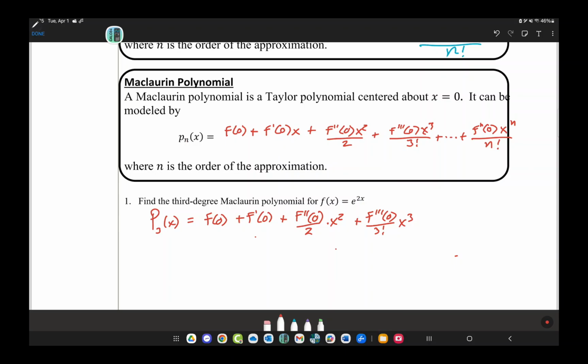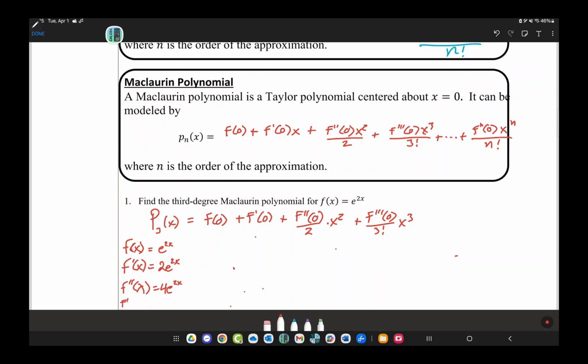Now, we need to find f of x. What is f of x in this case? e to the 2x. And what is f prime of x? 2e to the 2x. f double prime of x? 4e to the 2x.